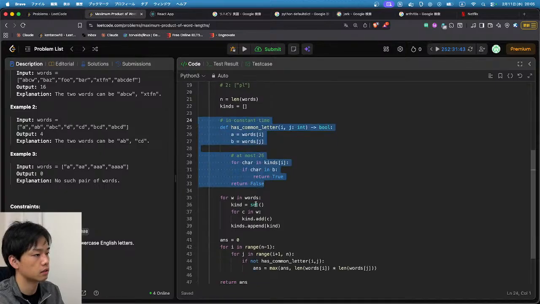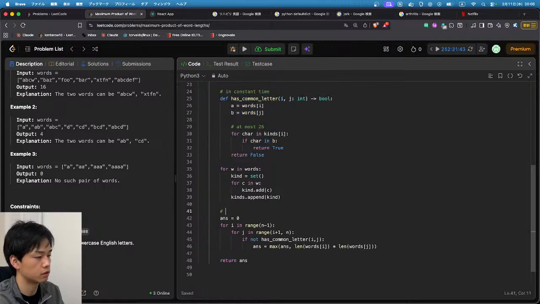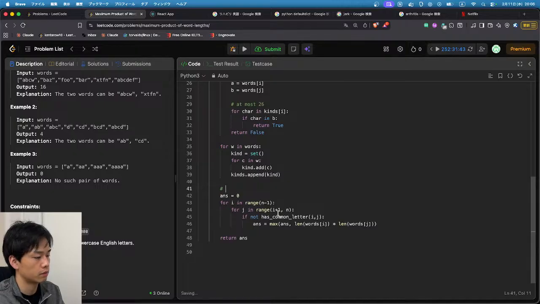So this can be executed in constant time, so that the total time complexity is n squared.